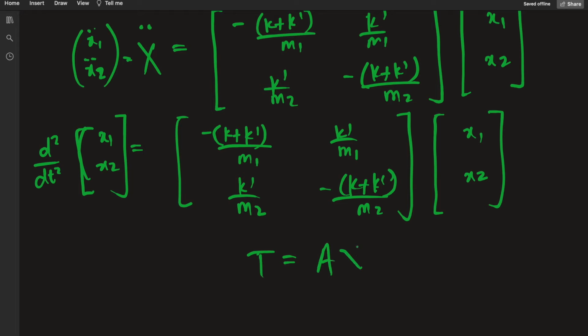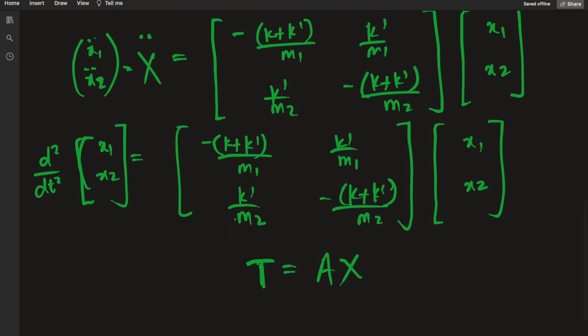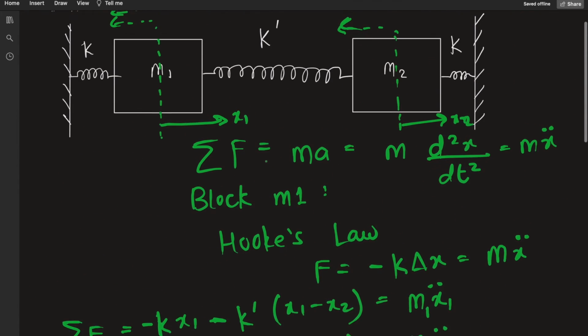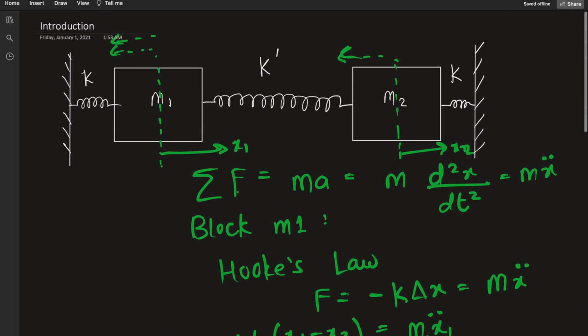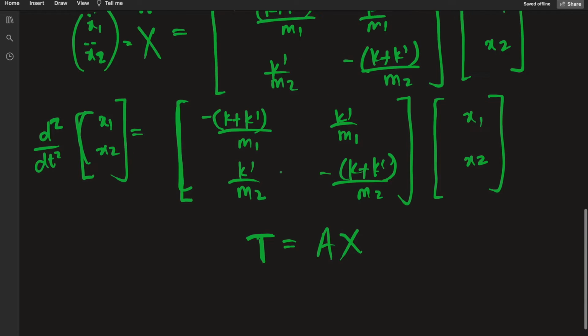T is equal to AX, for example, and A is basically this matrix. This is one of those systems. So it's interesting how we can convert a bunch of linear equations that we got from the laws of mechanics into these matrix vector systems, these linear transformations sort of.